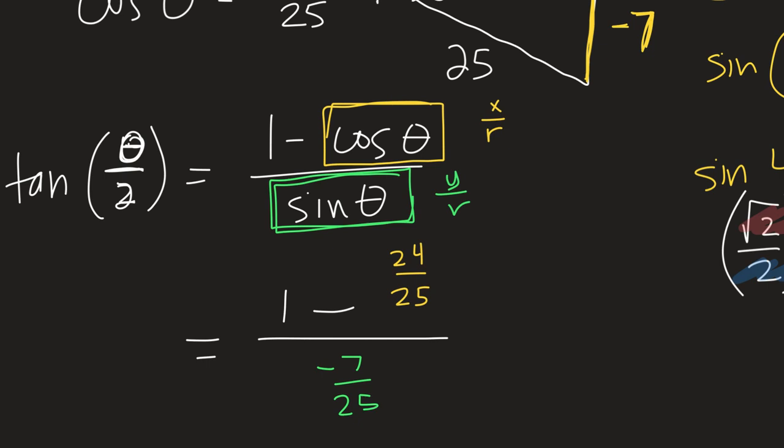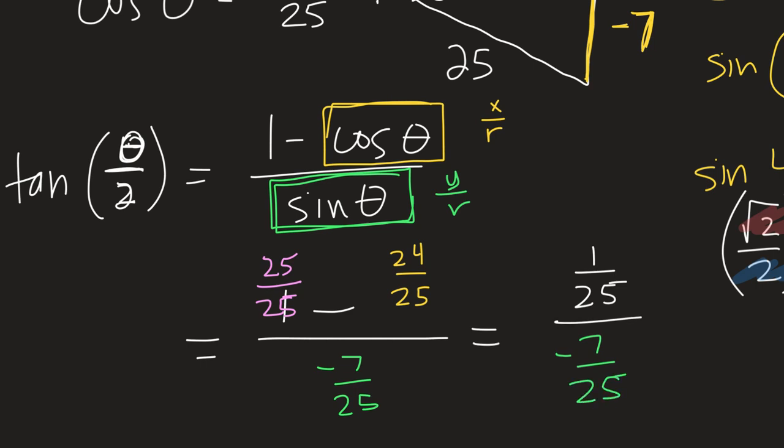And now I have to simplify this equation. So I'm going to change my 1 to be 25 over 25. That way I can do this subtraction in my numerator. They have to have the same denominators in order to subtract them. So now that I've done that, 25 minus 24 is 1 over 25, and I still have -7 over 25 in my denominator.